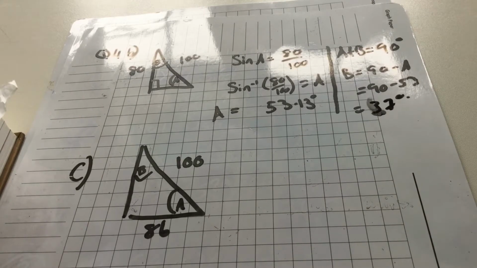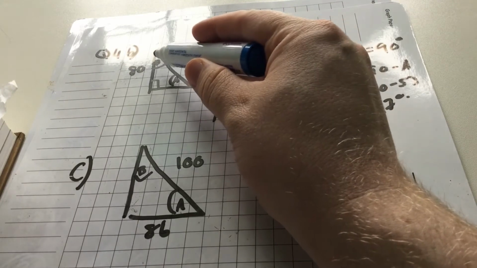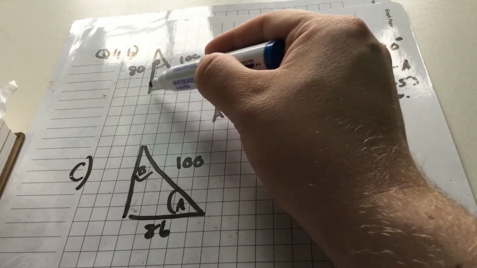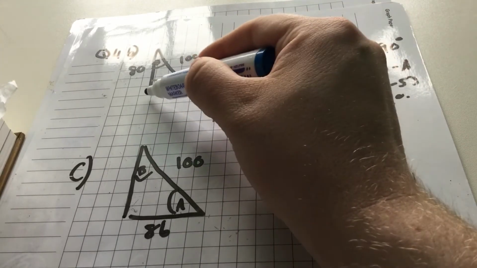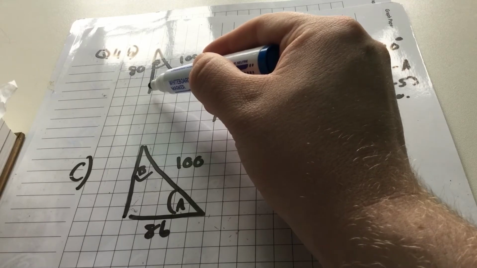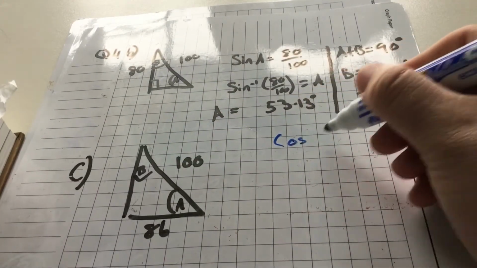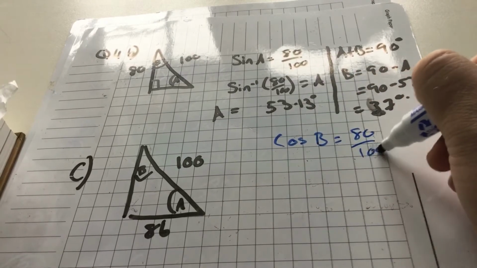The other option for finding B is using trigonometry. So if I look at angle B here, 80 now, instead of being the opposite of A, it's the adjacent of B. 100 is still the hypotenuse, so if I have adjacent, that's cosine. So I could go, I'll just do it quickly here. Cosine B is 80 over 100.